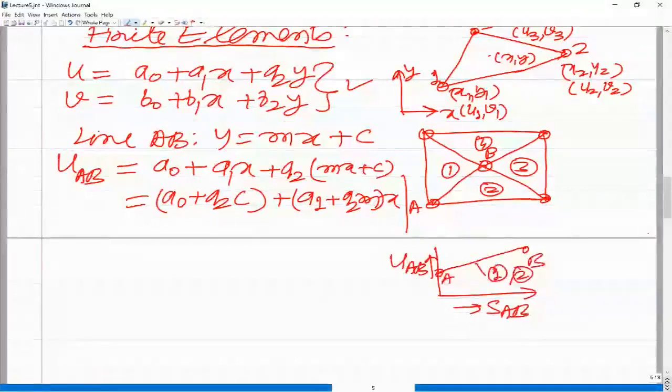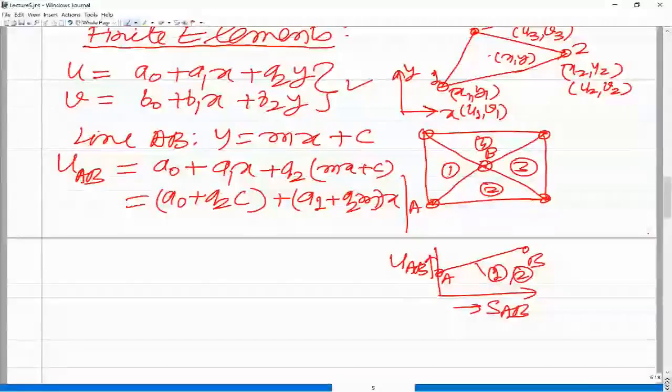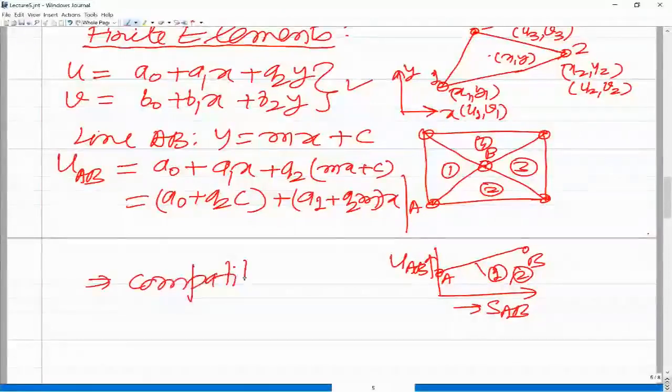So that means the inter-element compatibility will be satisfied, because the variation from A to B is linear, and you can have a unique linear variation from A to B, because at A and B both the elements 1 and 2 have the same values of u, same values of v, and in between it's a linear variation, so it would be the same. So that means this triangular element is compatible.